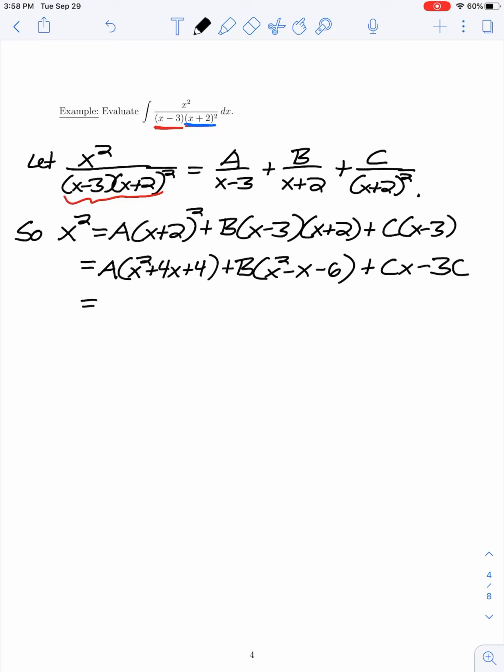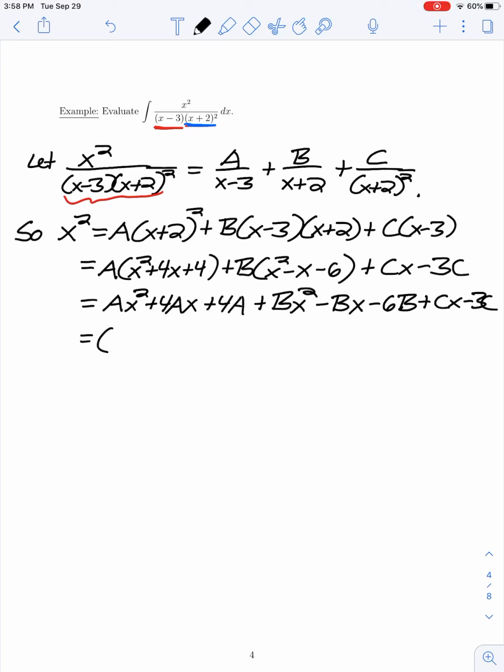And if I distribute the constants a and b, I would have ax squared plus 4ax plus 4a plus bx squared minus bx minus 6b plus cx minus 3c.